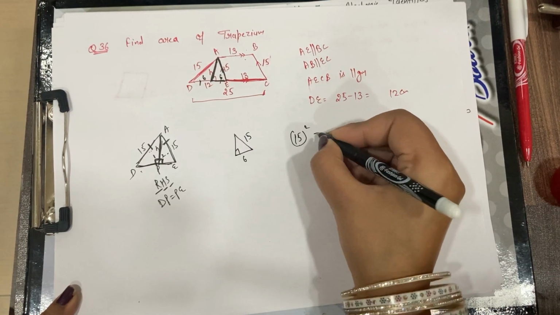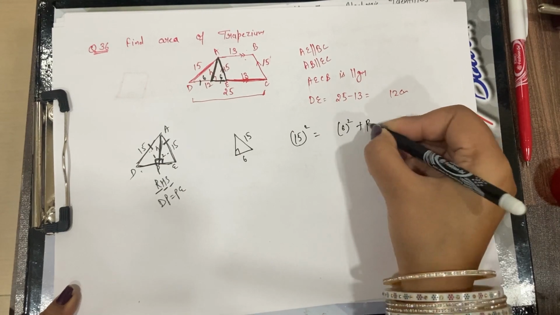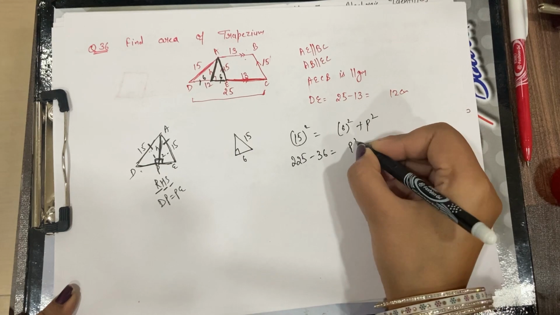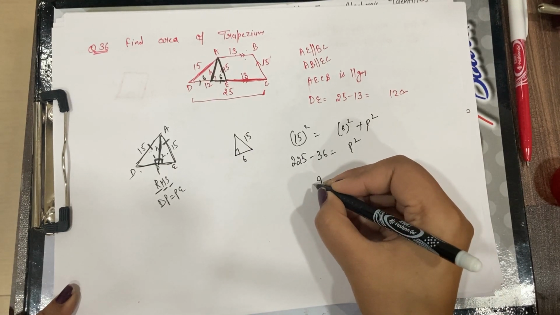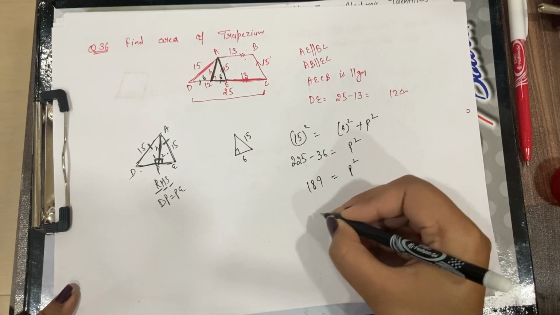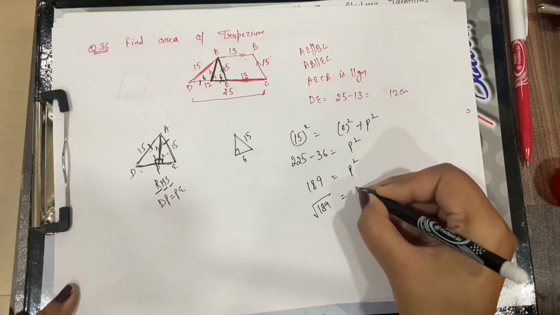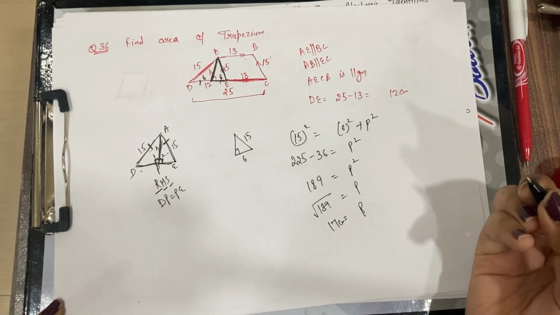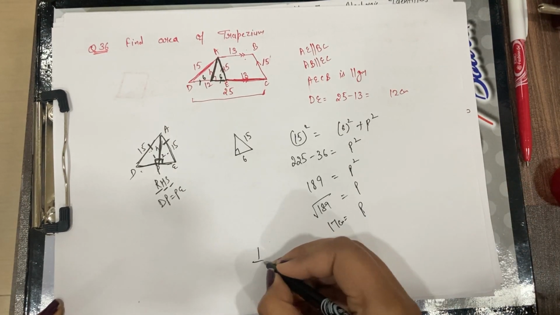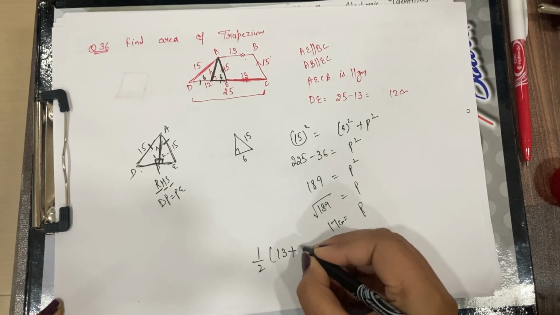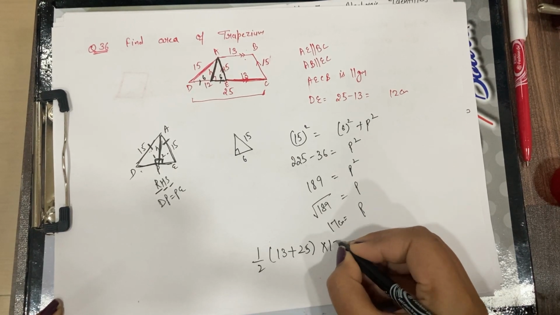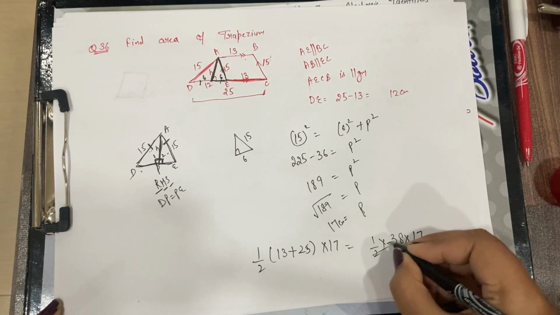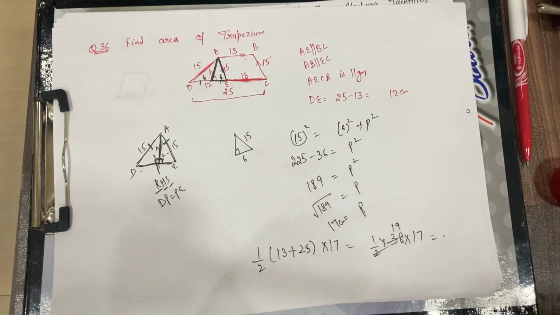Hypotenuse square is equal to base square plus perpendicular square. It is 225 minus 36, which is 189. The square root of 189 is 17. Now you have the height also. Now you have the height. So the sum of parallel sides is this, height is this, and your question is done. Multiply it, you'll get your answer.